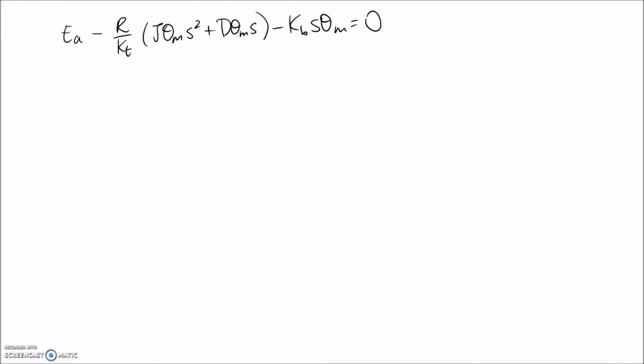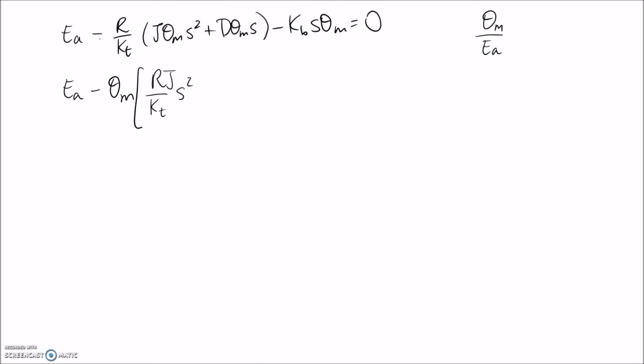Alright, so remember we're aiming for omega m divided by EA. So as an intermediate step, I want to try and rearrange this for the position theta m divided by EA. And I should be able to do that if I factorize out theta m. So each of my terms is going to have one of them. So when I factorize out theta m here, I'm going to be left with R on KT, and also this J s squared.